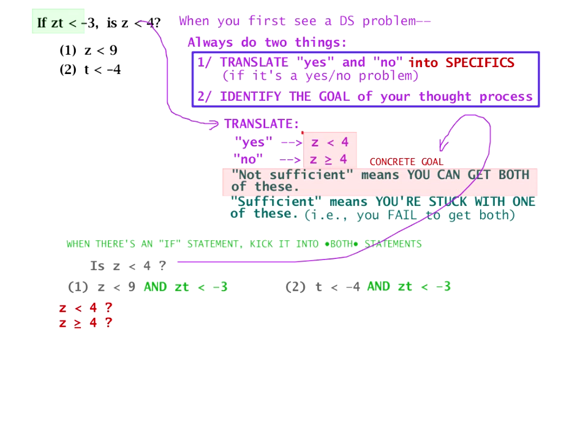Exactly. So if you have z equals 1, let's make a table, z, t. If z is 1 and t is -5, then zt is -5.